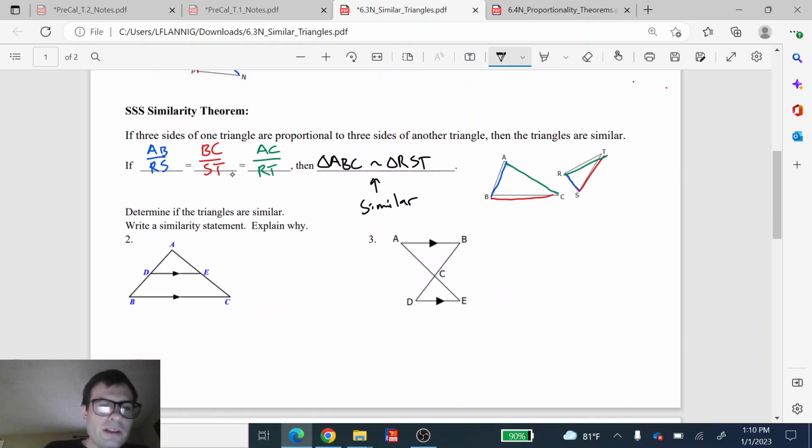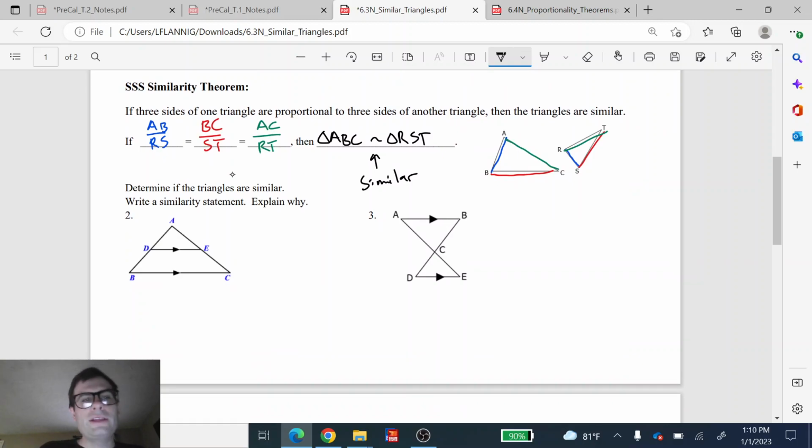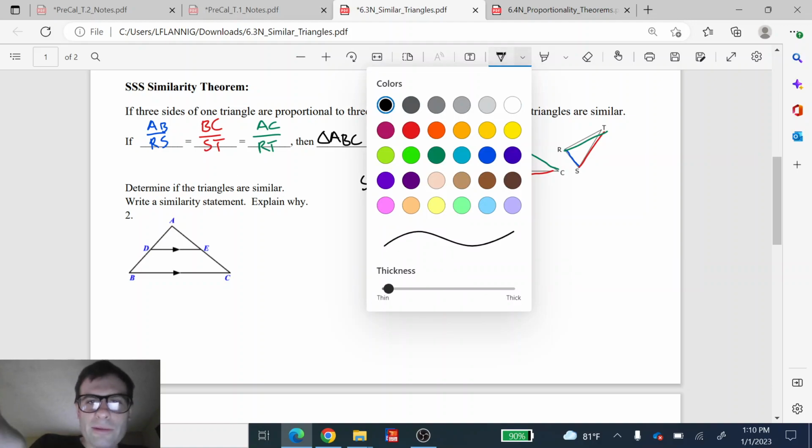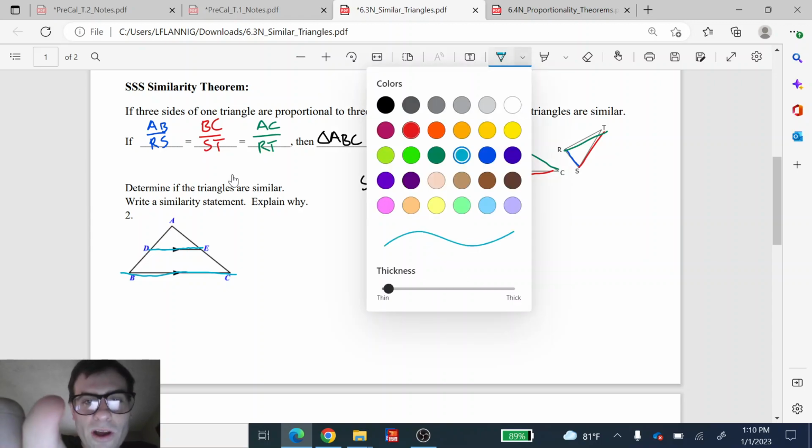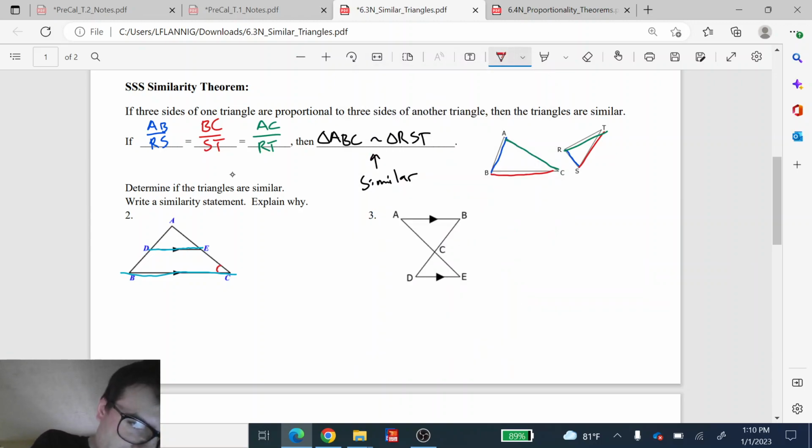All right, determine if the triangles are similar, and then write a similarity statement and explain why. So one thing we know about parallel lines that we learned about months ago is that if you have these two parallel lines right here, these in light blue, and we have transversals, we can use the corresponding angles theorem to say that angle C is congruent to angle AED.